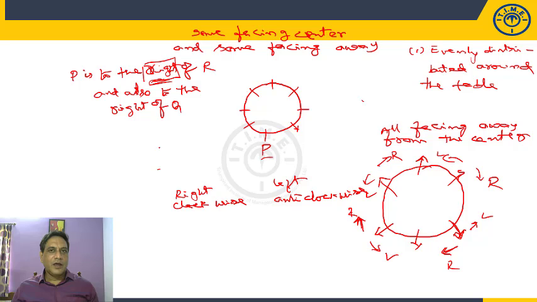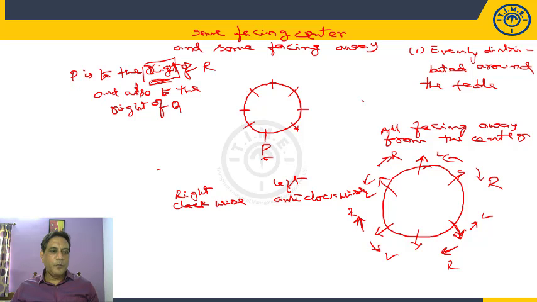In linear arrangement, right does not mean immediate right. It can be anywhere on the right side. Left does not mean immediate left. But in circular arrangement, left and right mean only immediate left and right. Okay.